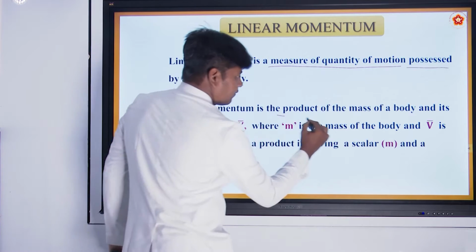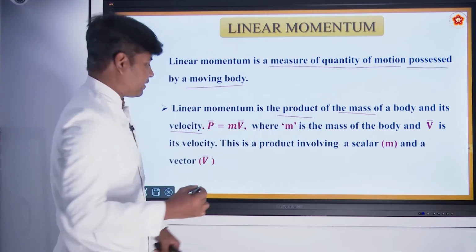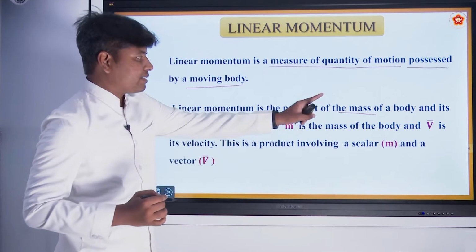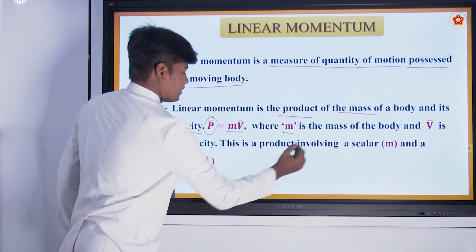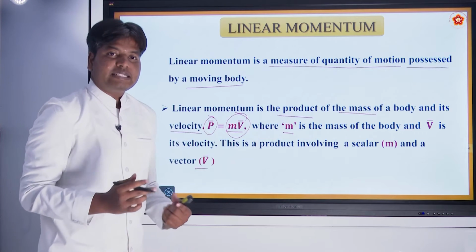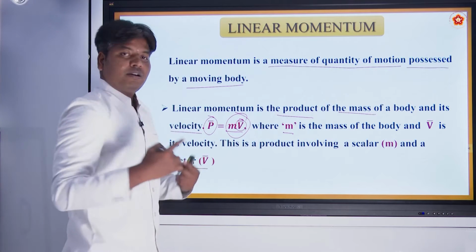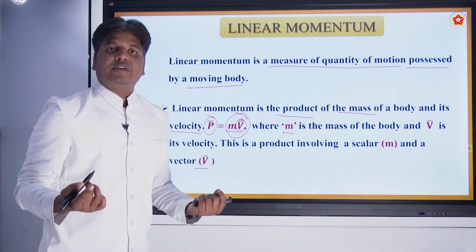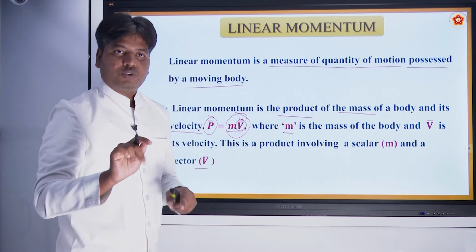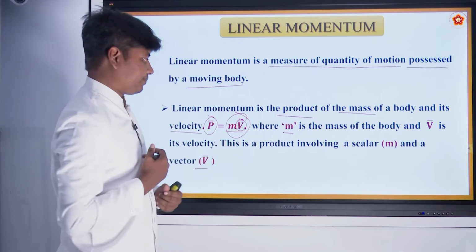It is represented by the letter P, so with m as the mass and v as the velocity, it will be mv. Is it a scalar or vector? Because velocity is a vector here, linear momentum is also a vector quantity, in the direction of the velocity.